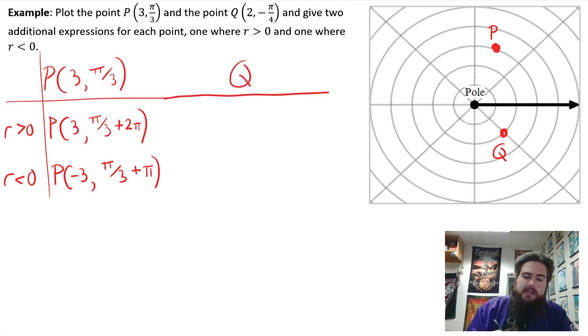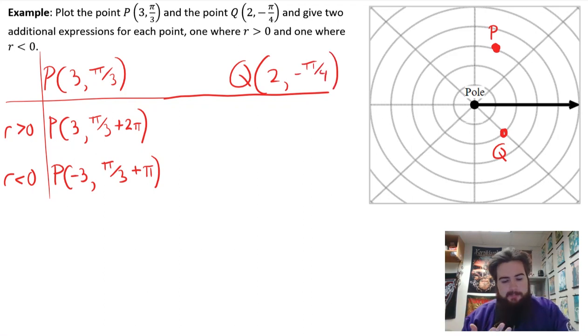If we do the same thing to point Q, which is (2, -pi/4), we apply the exact same concepts. It doesn't exactly matter what the values are. For Q, if I want r to be greater than 0, I will keep r positive and simply find a coterminal angle measure for the one that I'm provided.